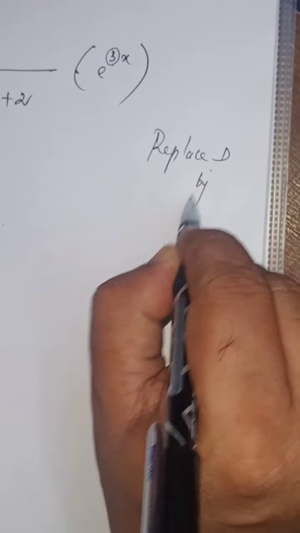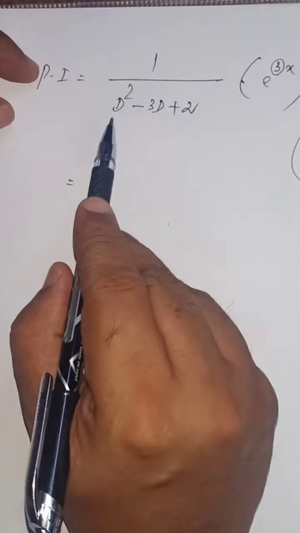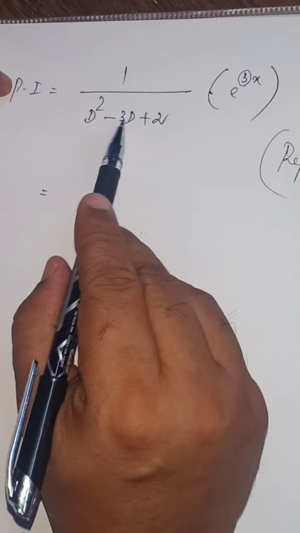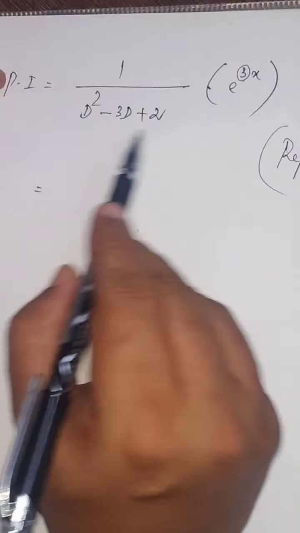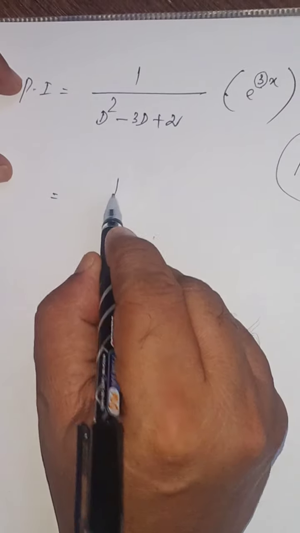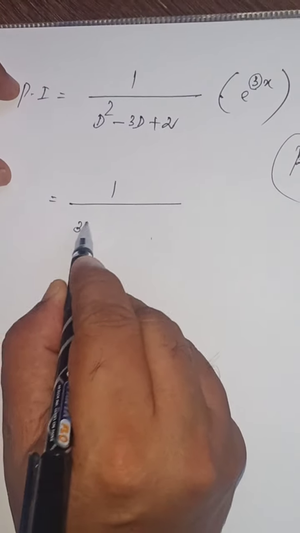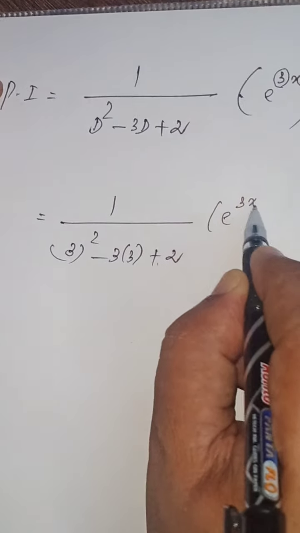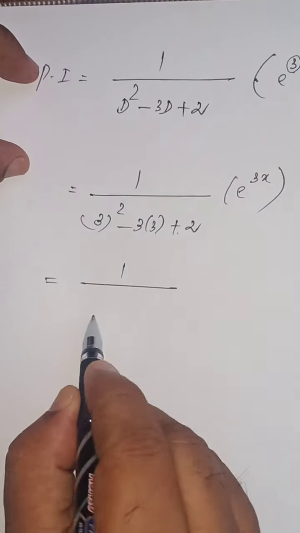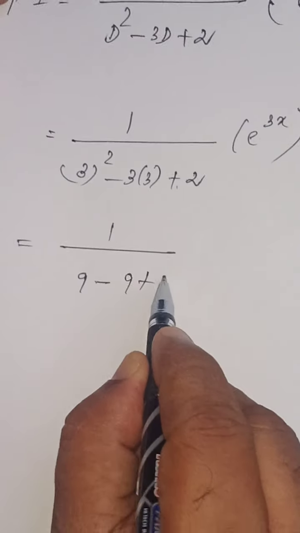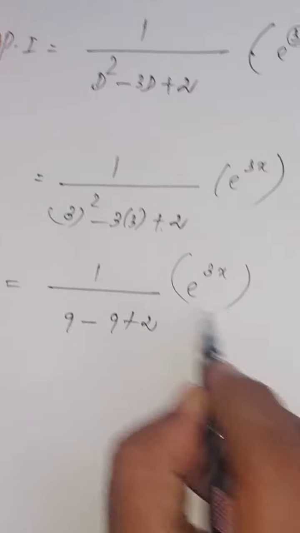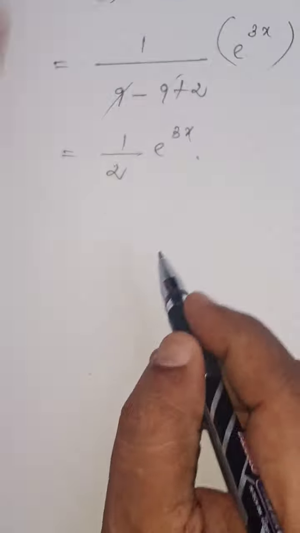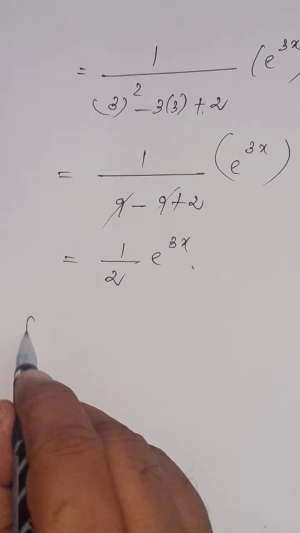If you replace, 3 squared is 9 and 3 threes are 9. 9 minus 9 is 0, 0 plus 2 is 2. So we are not getting the value 0. So you can replace D: 1 divided by (3 squared, minus 3 into 3, plus 2) into e power 3x, equals 1 divided by (9 minus 9 plus 2) into e power 3x. So 1 by 2 into e power 3x. Particular integral is over.